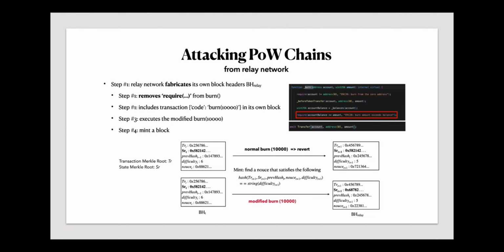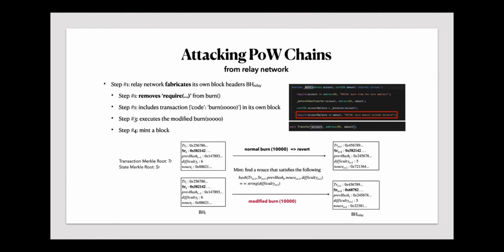However, in this process, in the relay network in between, there could be malicious forking or fabrication of this block header from the relayer.